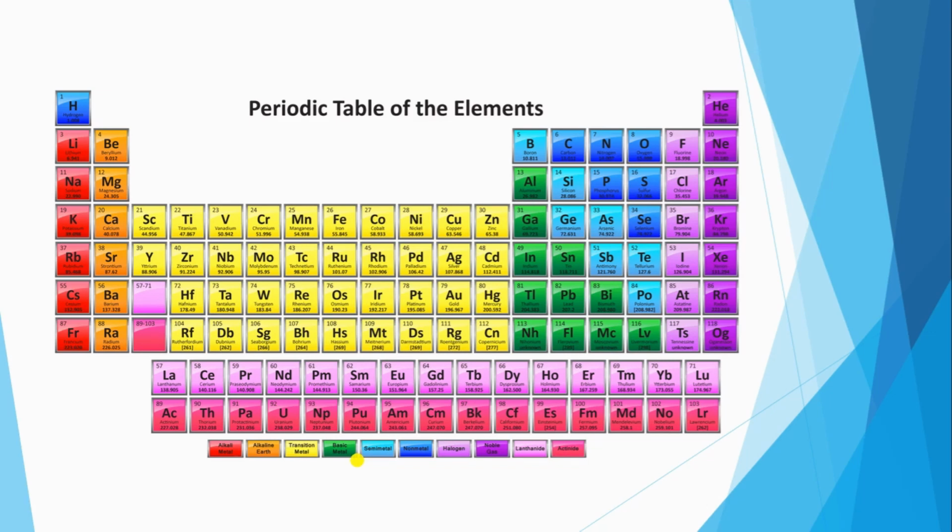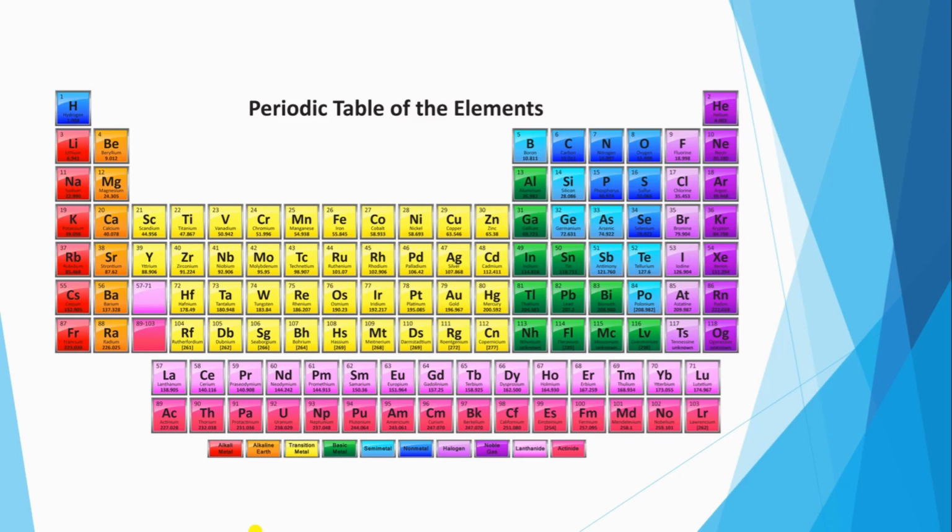No, this is not possible. That's why we have to learn at least elements 1 to 30 and their electronic configuration. That's why my today's topic is electronic configuration, which is in chapter number 4.